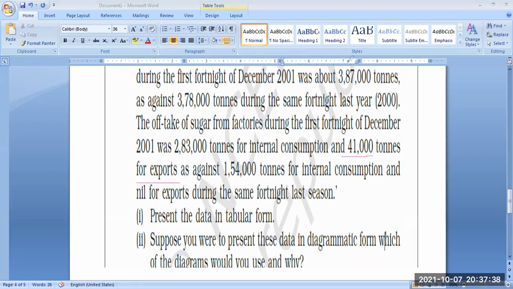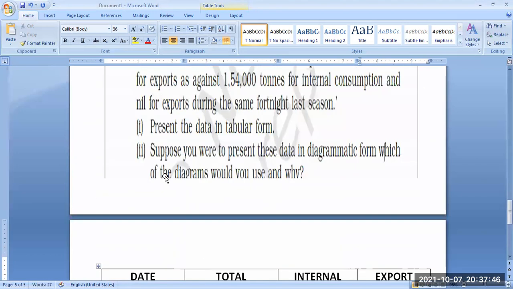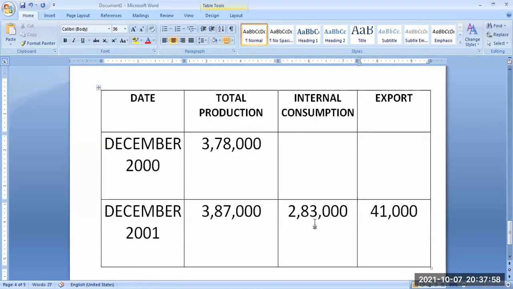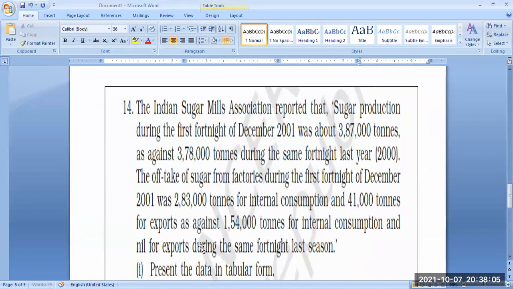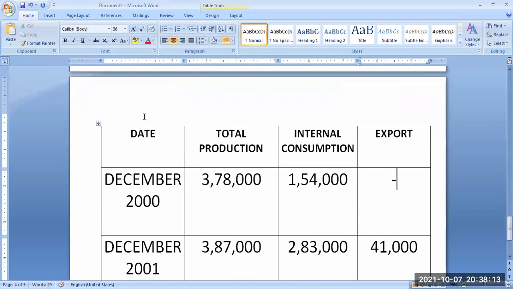Now coming to the previous year, 1,54,000 tons were used for internal consumption, and export is nil. Did you get it? Yes.